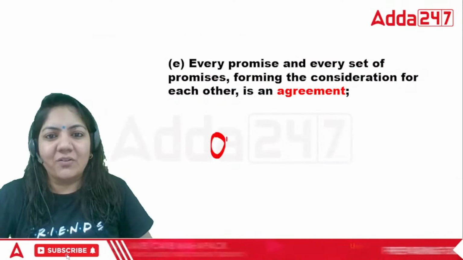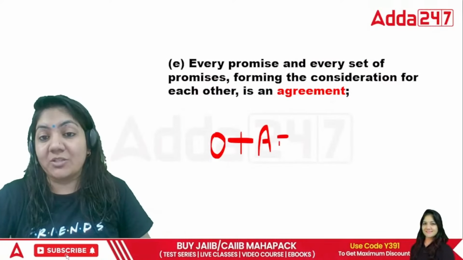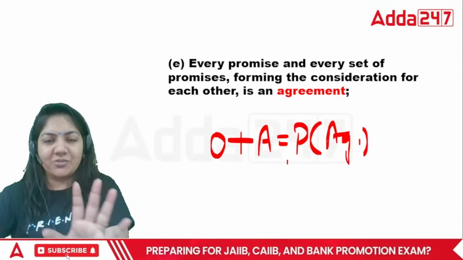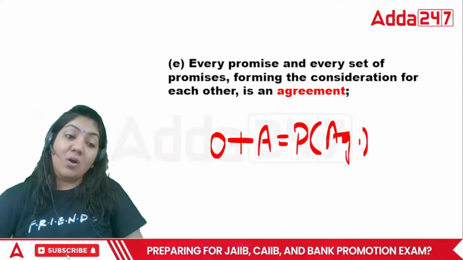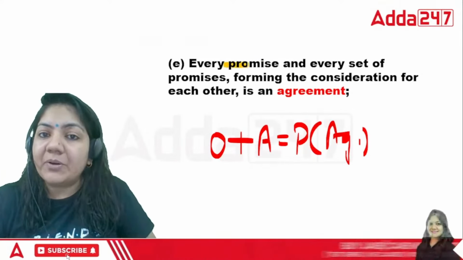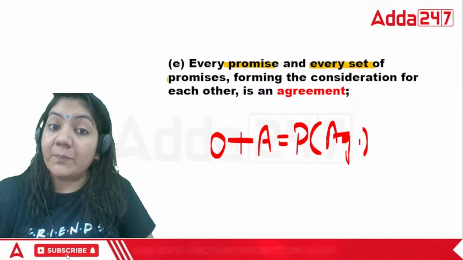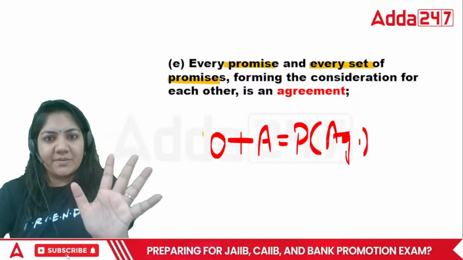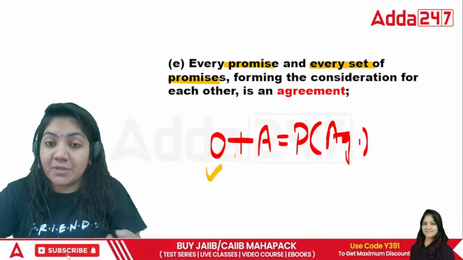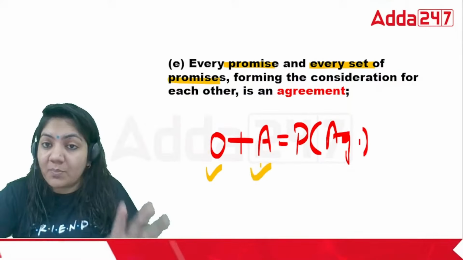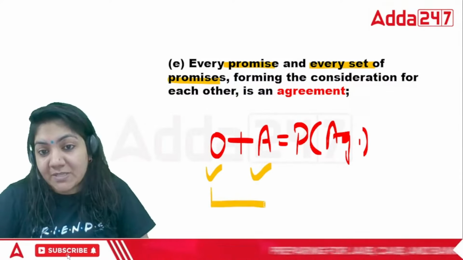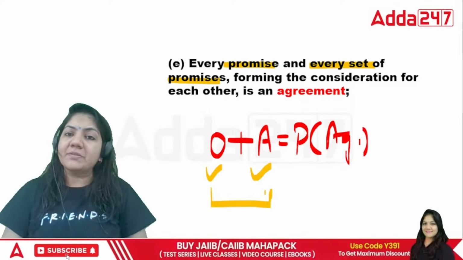What we have learned: offer plus acceptance is equal to promise. Promise in legal terms is called agreement. But now see the definition that is written here. Agreement: every promise, every set of promises, forming the consideration. Every promise means the promise of the proposer and the promise of the proposee. A set of promises means, suppose these two promises, is called a set of promises.